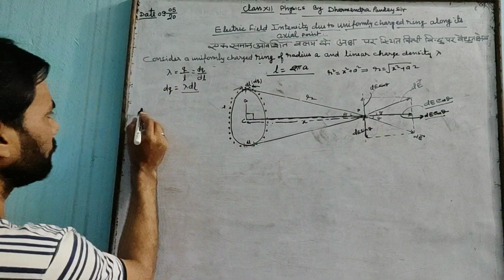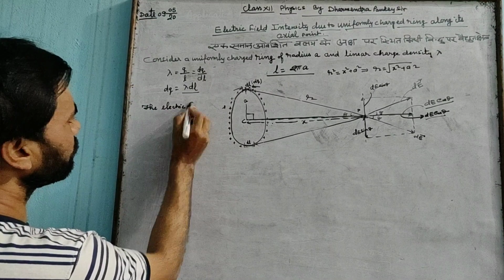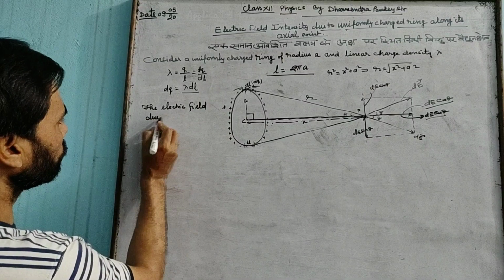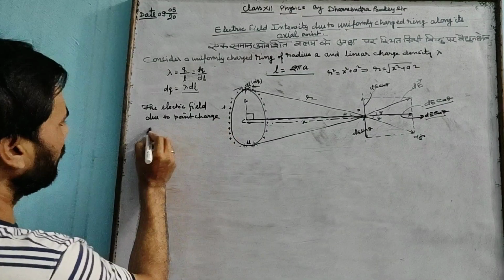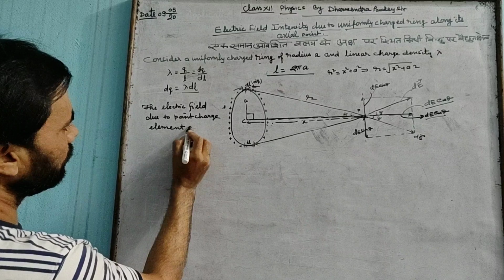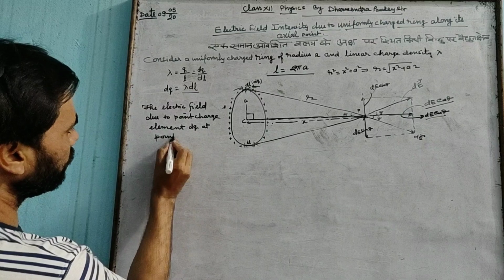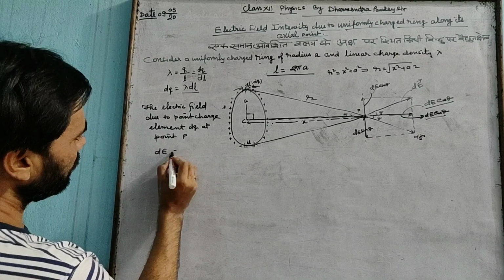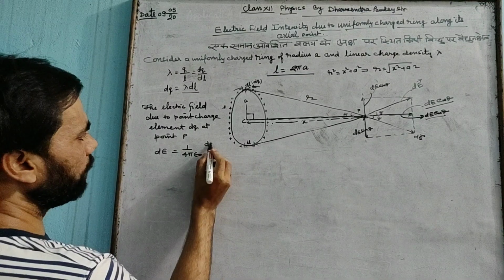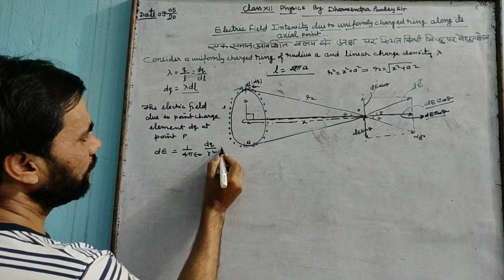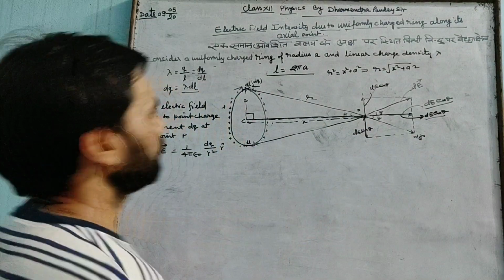Now the electric field due to the point charge element dq at point P, which is dE, is nothing but 1 upon 4 pi epsilon 0 into dq upon r squared, times r unit vector. This r vector is the unit vector along r.